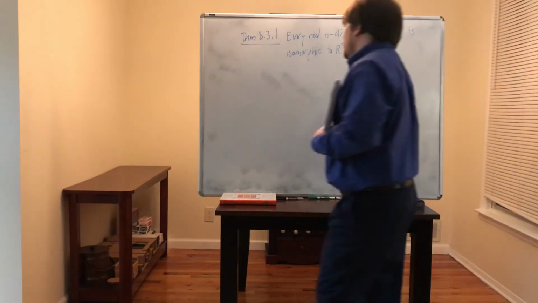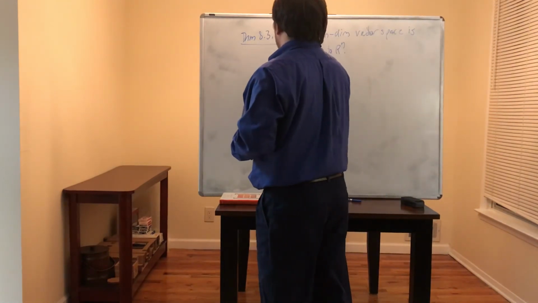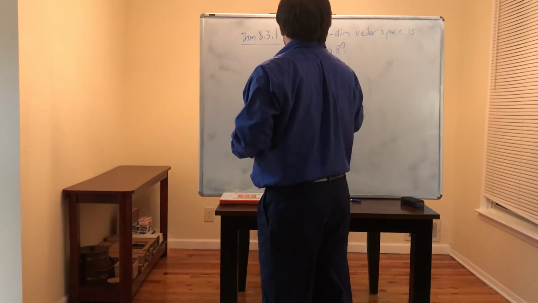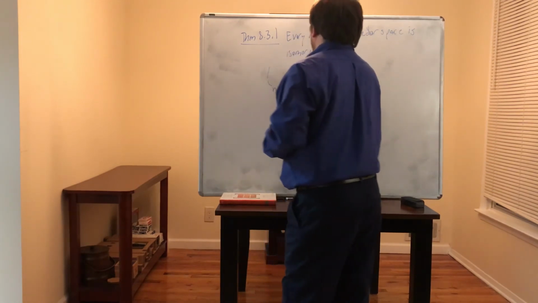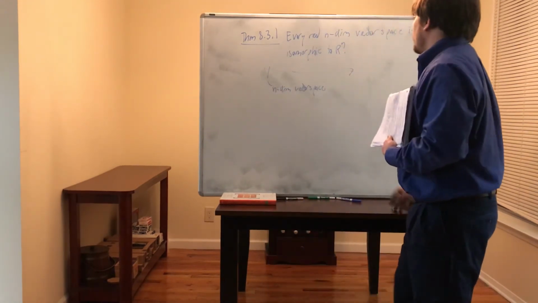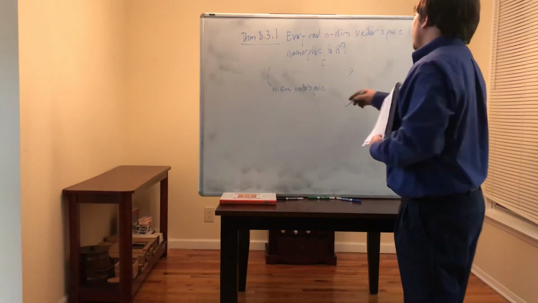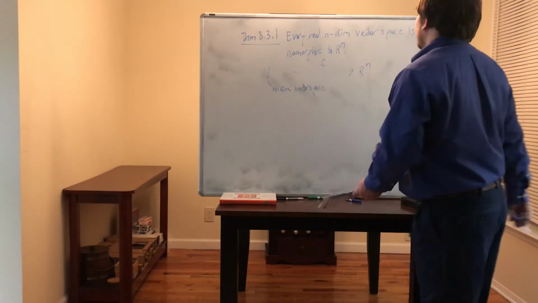What that means is that if V is our n-dimensional vector space, then we can find an isomorphism F that will map V to Rn.